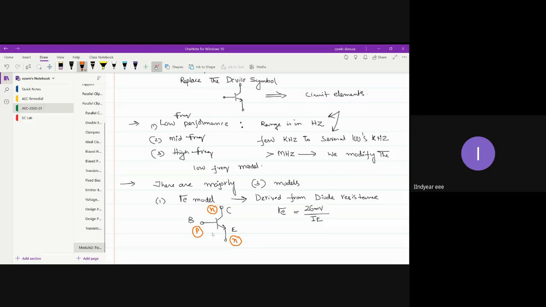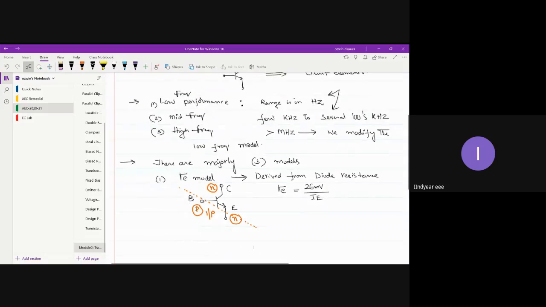Now, if you look at the input circuit, what do you observe? You see that there are 2 layers coming into the input circuit. What are those 2 layers? A P layer and an N layer.